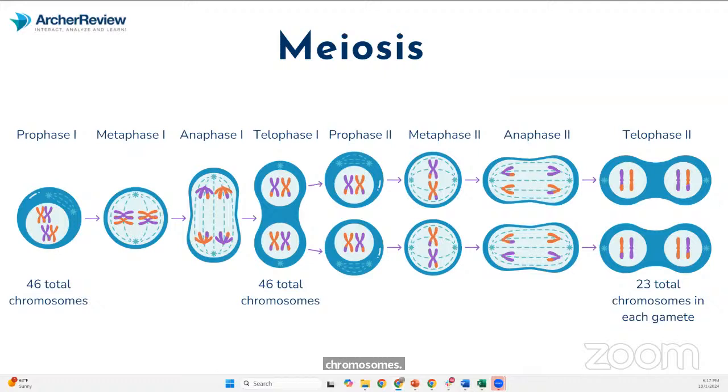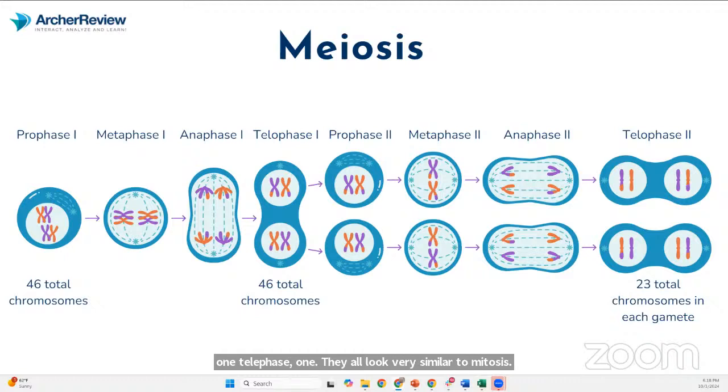So in order for that to happen, meiosis actually is a process of two divisions. And in some ways, you can almost perceive it as mitosis happening twice. We have our prophase 1, metaphase 1, anaphase 1, telophase 1. They all look very similar to mitosis.